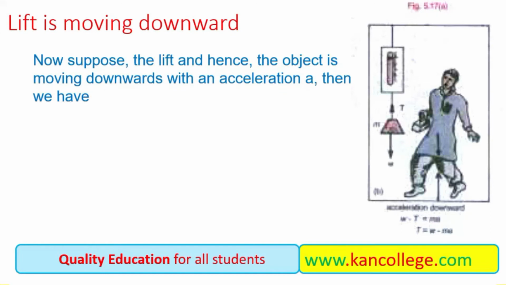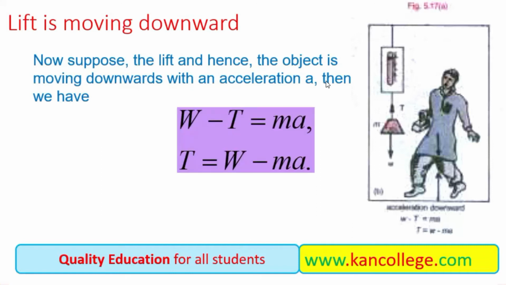And if the lift is moving in the downward direction, then what happens? Suppose that the lift and hence the object is moving downwards with an acceleration a, then we have weight more than the tension. It means the weight force is more than the tension force or the upward pull, so ultimately the mass is moving in the downward direction with an acceleration of value a, and the net force is equal to ma.